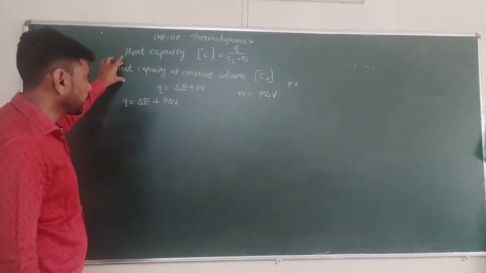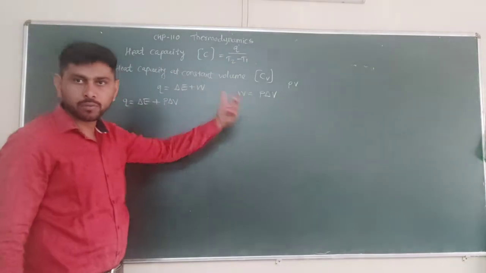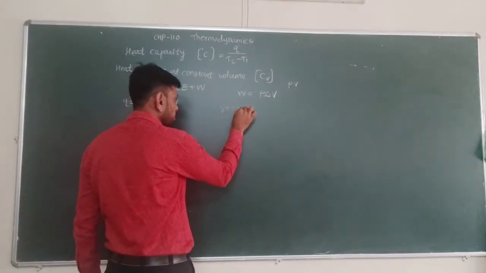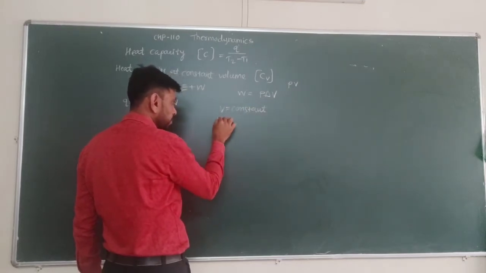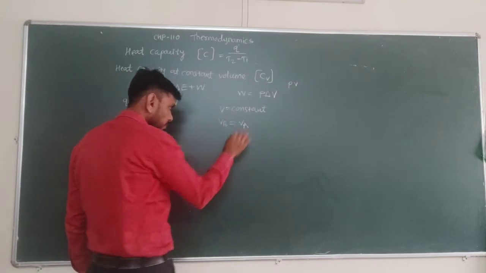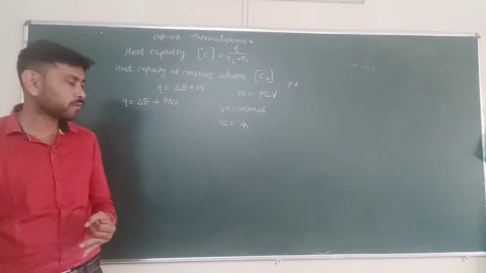We want to know the heat capacity at constant volume. So volume is constant, that is, VB is equal to VA. The initial state volume is equal to the final state volume.